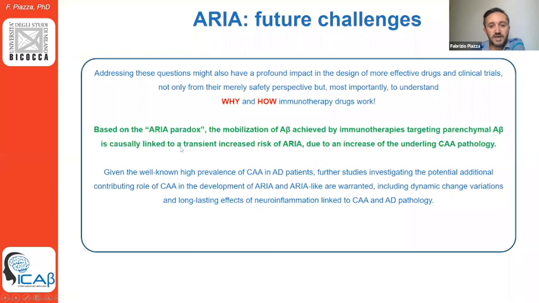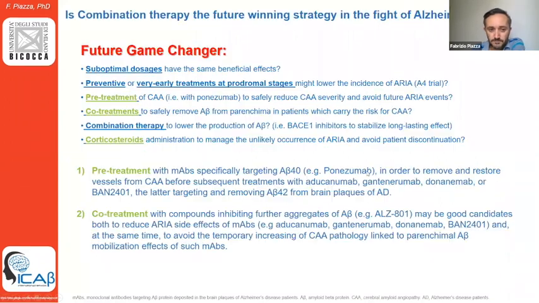And so if this drug can induce more bleeding, it will be more harmful than the positive effect that these drugs can exert in terms of removal of parenchymal beta amyloid.